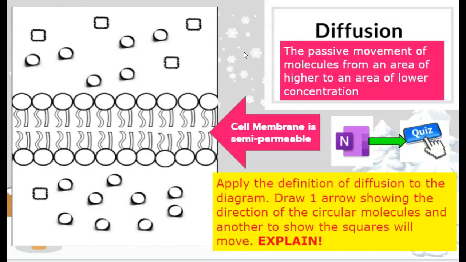And an explanation is not just saying because of diffusion. That's not explaining. Okay, so if you didn't get 10 points on this, please go update your OneNote notebook, and it is in the quiz section. And this will also help you on today's assignment.